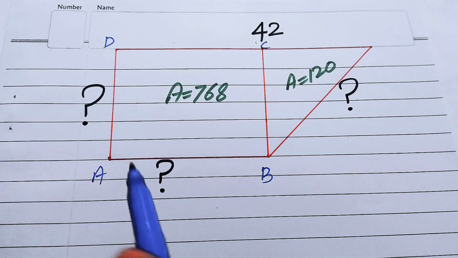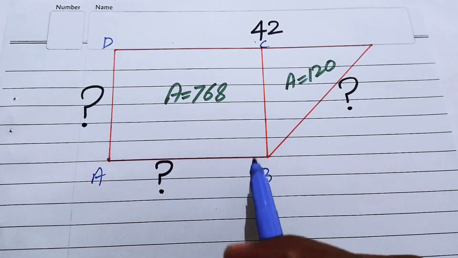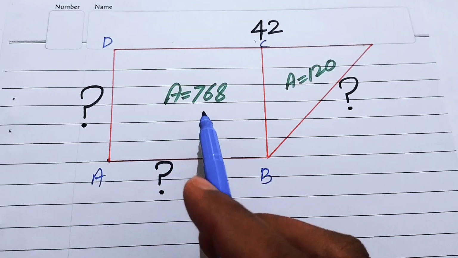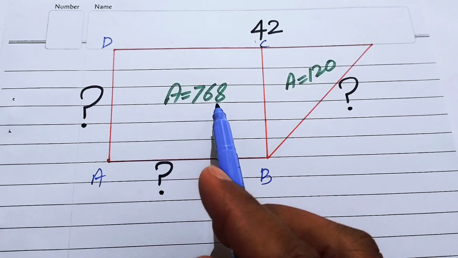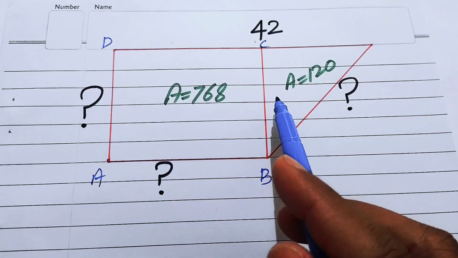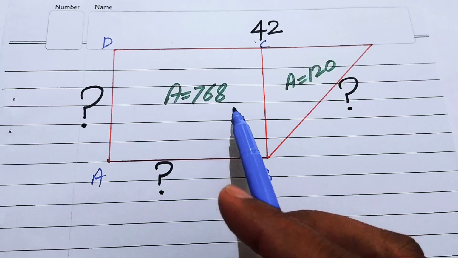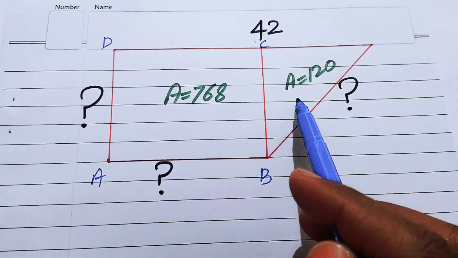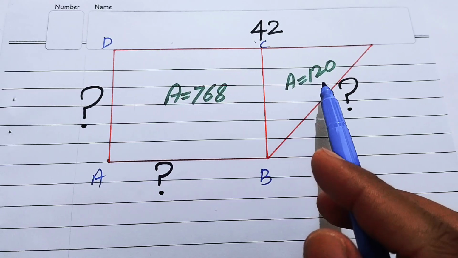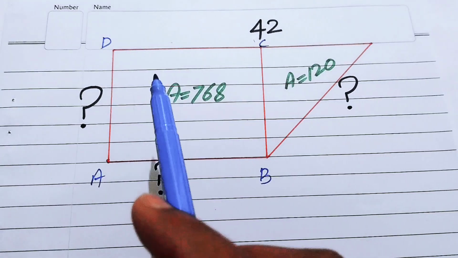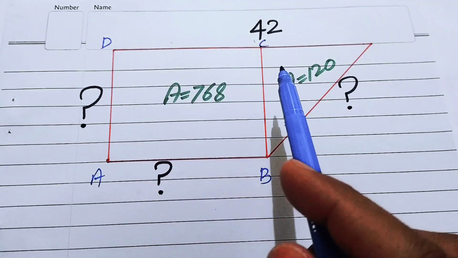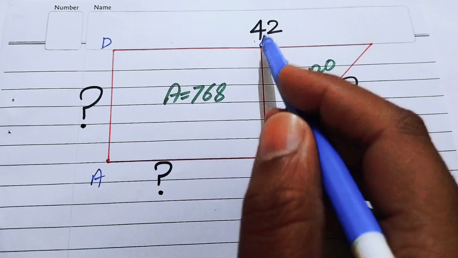Here we have a rectangle ABCD, and the area of this rectangle is 768. Similarly, we have a triangle with one side attached to this rectangle. The area of this triangle is 120, and one side length of this figure is 42.